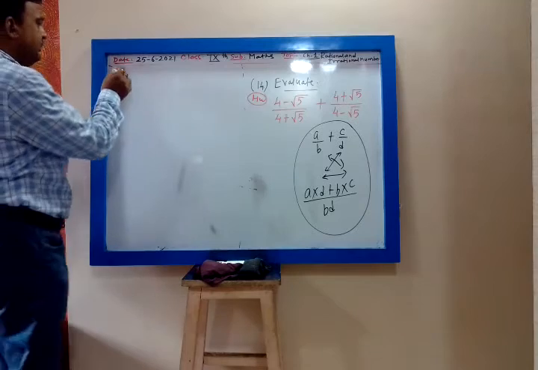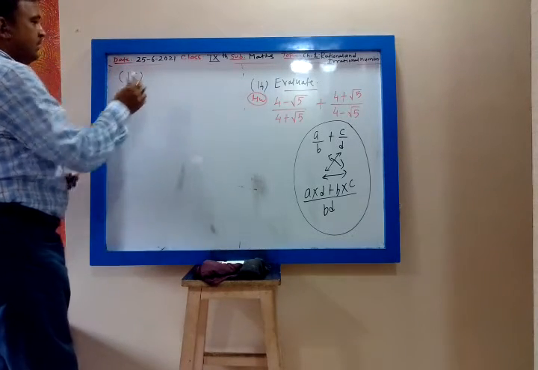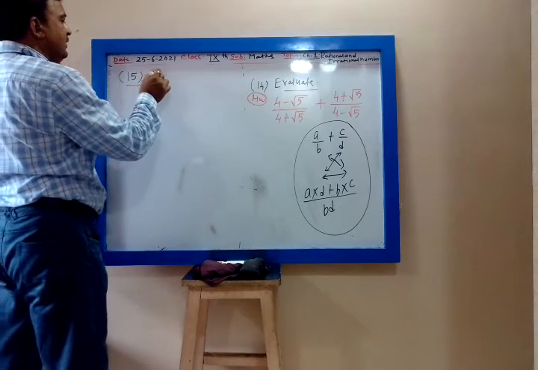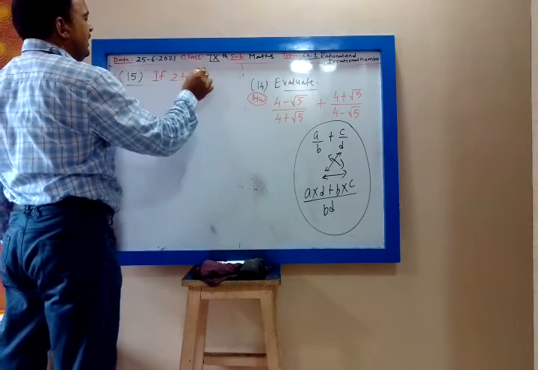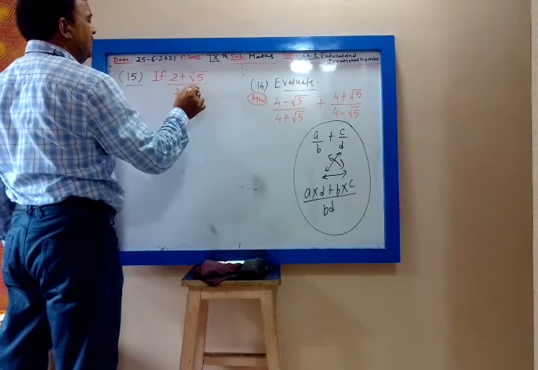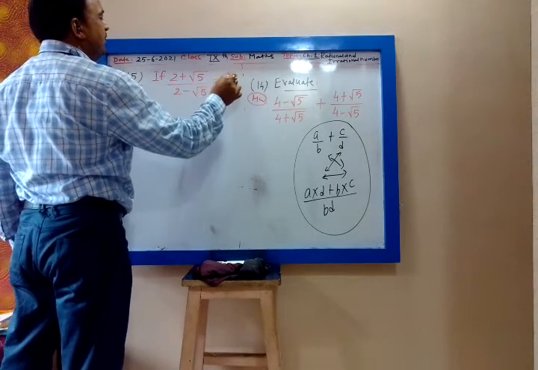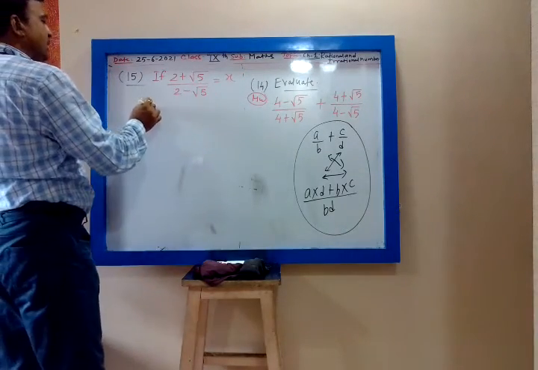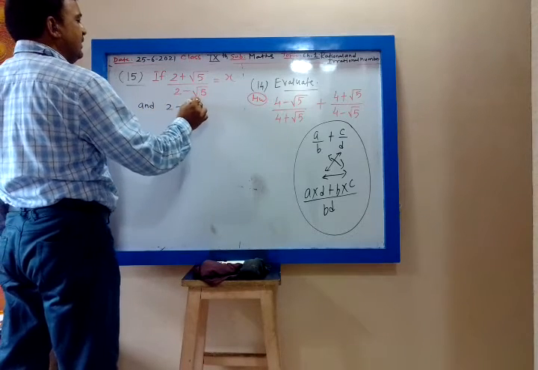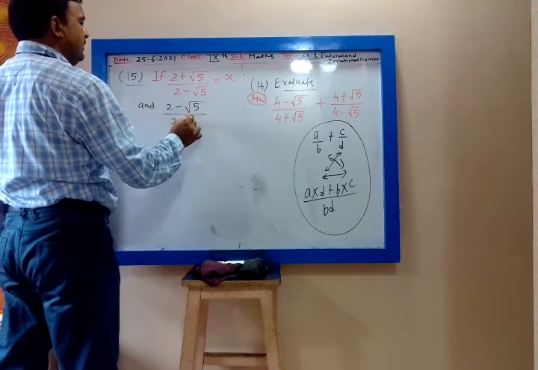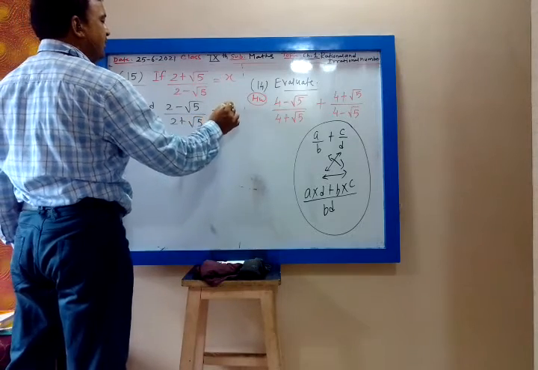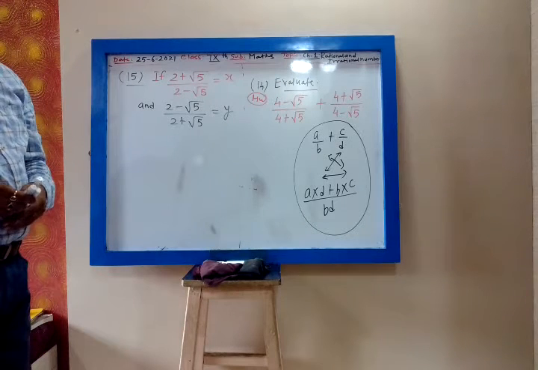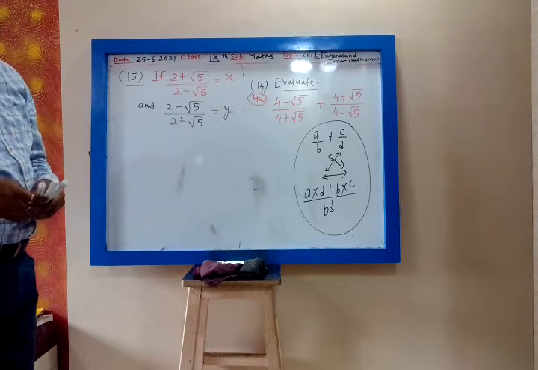Then problem 15. If x is 2 plus root 5 upon 2 minus root 5, and y is 2 minus root 5 upon 2 plus root 5.